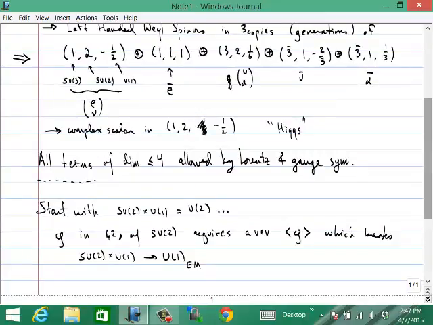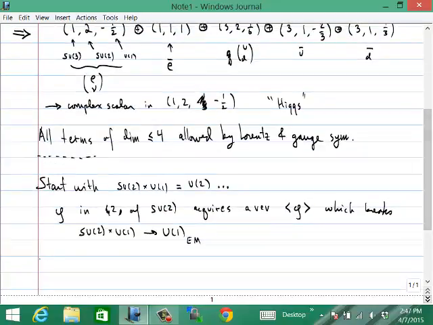Now why does the Higgs field acquire a vacuum expectation value? Well, we're instructed here to include all of the terms in the action for the standard model that are allowed by Lorentz invariance and gauge symmetry, which means that the Higgs field phi should have a potential. So what will that potential look like?